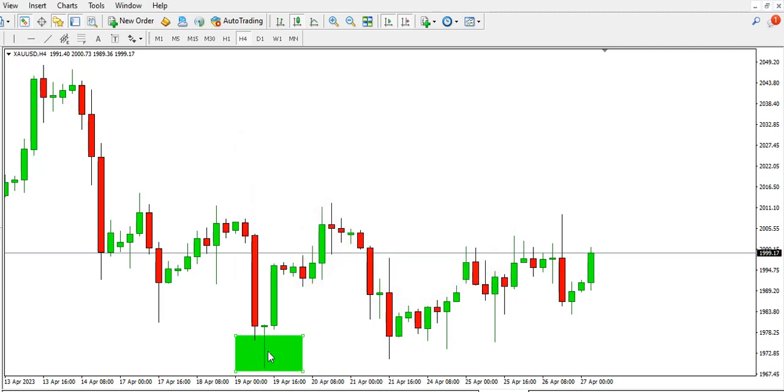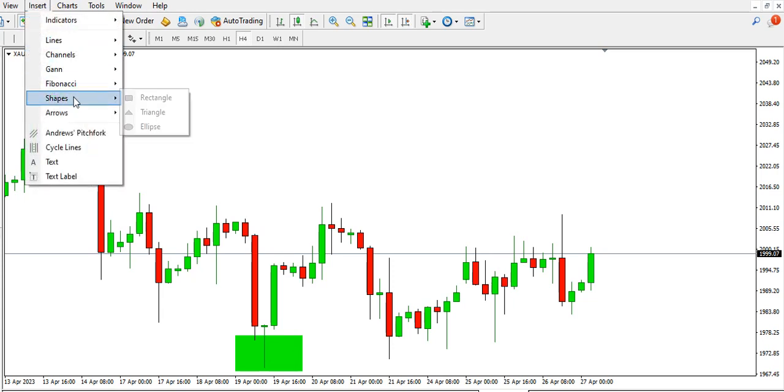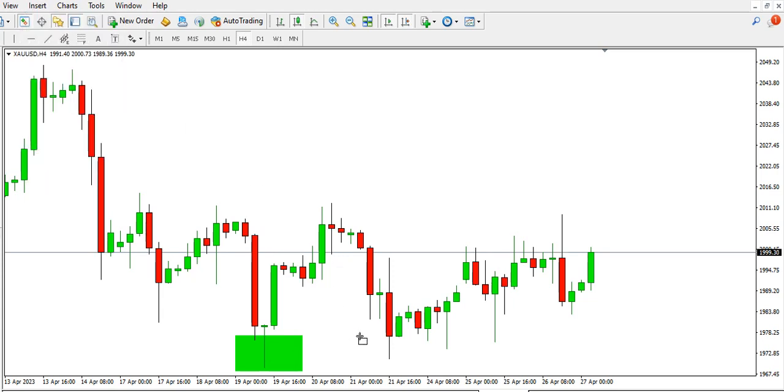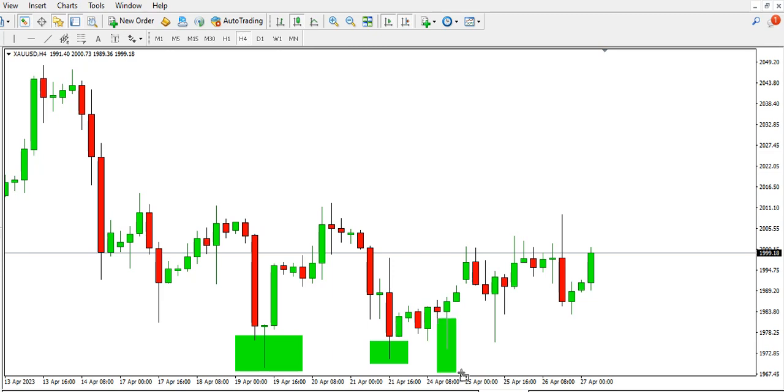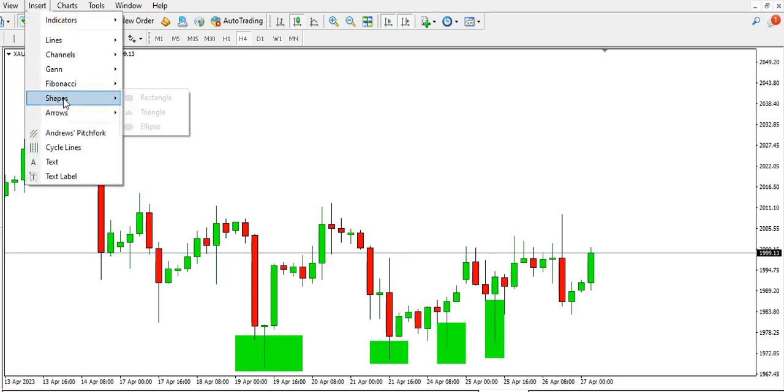This is one of the wicks showing that the buyers stepped in to push price up. This is another one, and this is another one. This is another one.